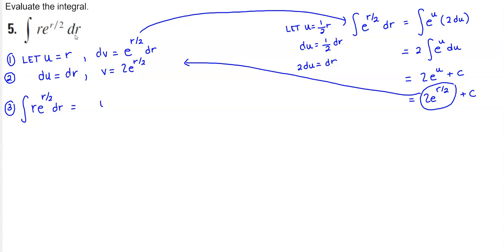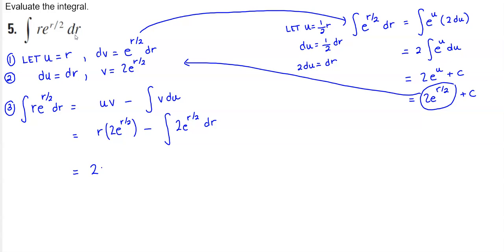And we know the formula for integration by parts is u times v minus the integral of v du. So we know that u is equal to r, and we know that v is 2 times e to the power of r over 2, minus the integral of v, which is 2 times e to the power of r over 2, times du, which is dr. So let's go ahead and rearrange this.